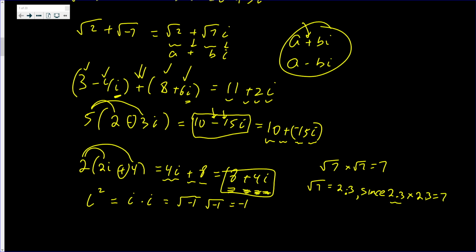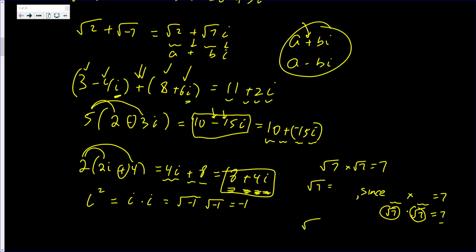But you know what? 2.3 is the square root of 7, so the square root of 7 times the square root of 7 equals 7. Oh, you mean if I multiply this number by itself, I get what's under the radical? Yes. By definition.